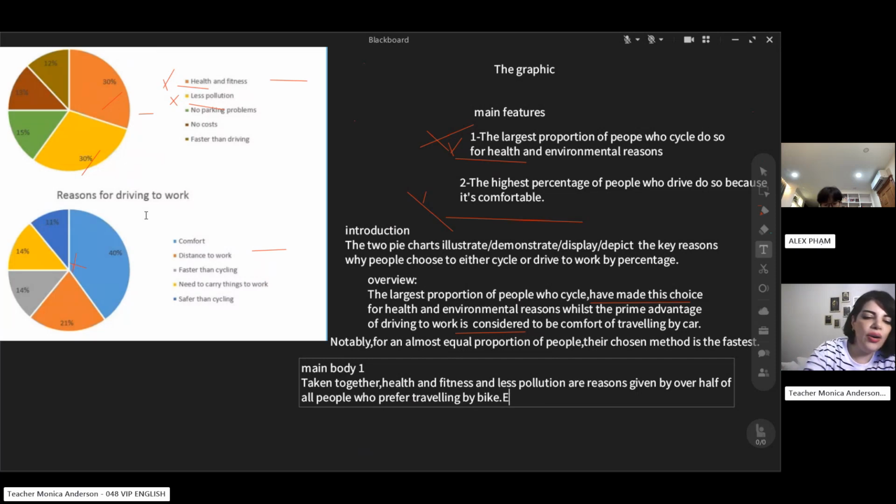And now each represents a 30% portion, which is, look, the next most popular is 15%.